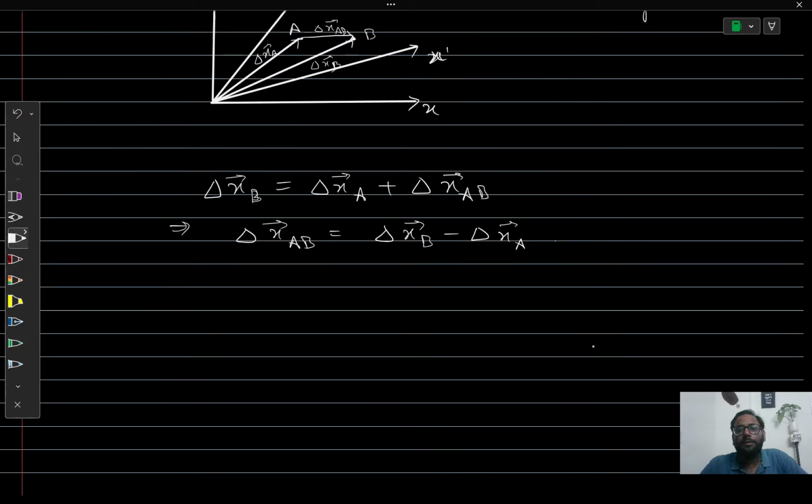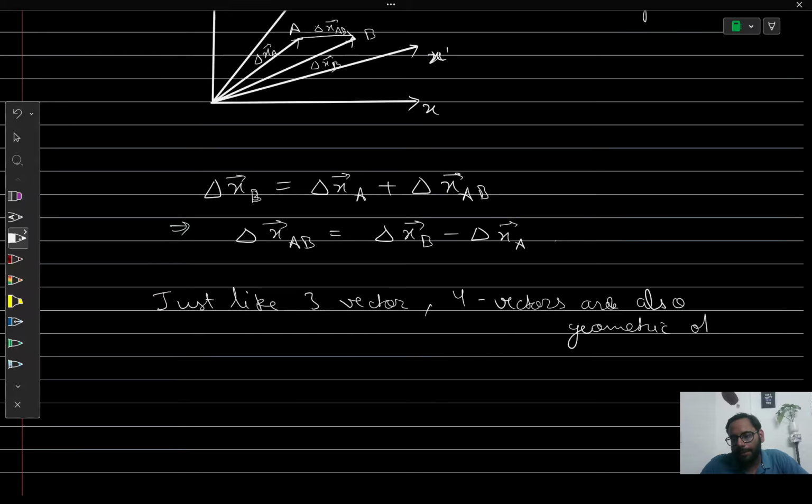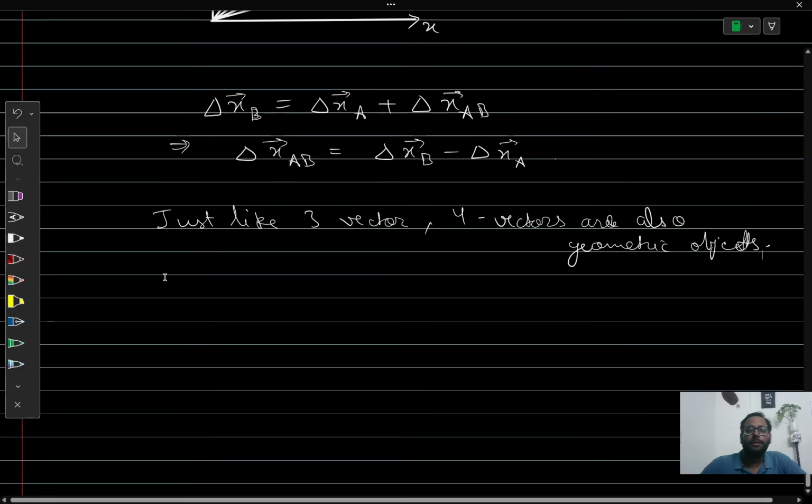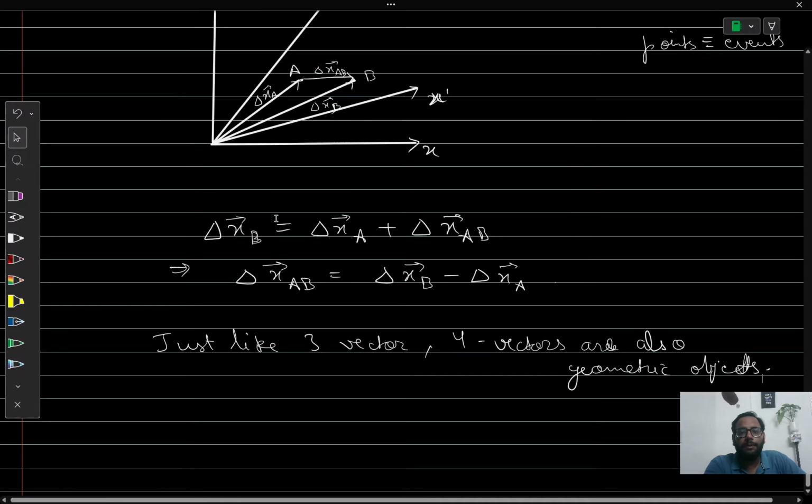So they are all geometric objects. So just like three vectors, four vectors are also geometric objects. So what does this mean? You remember what is a geometric object? They do not depend on any representation.